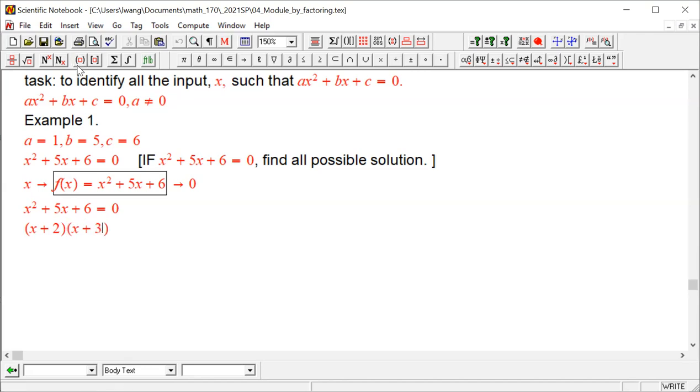Factor this any way you can. And you can verify that you have the right factors. If you FOIL this product, you are going to get x squared plus 2x plus 3x plus 6, which makes these the right factors we need.